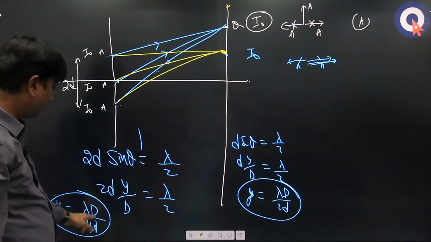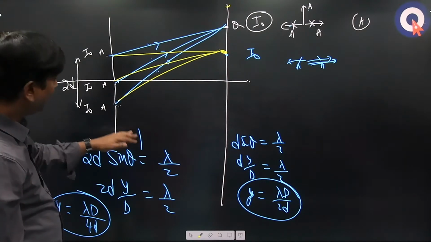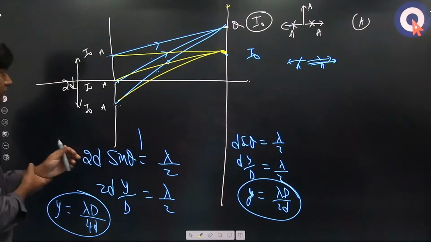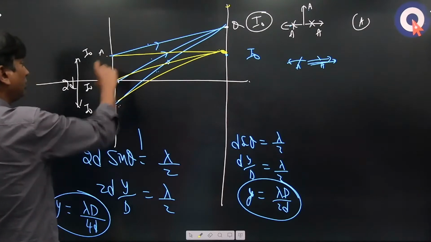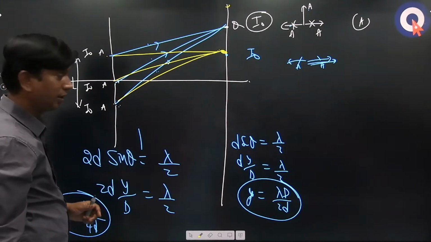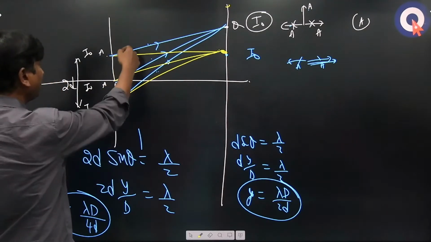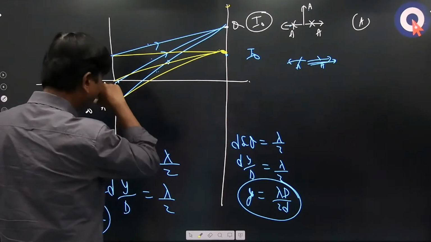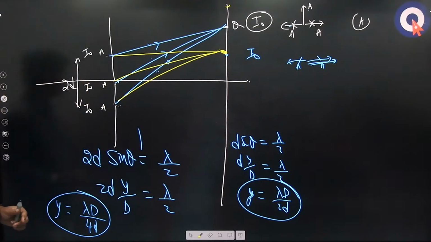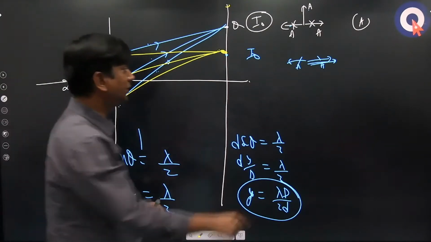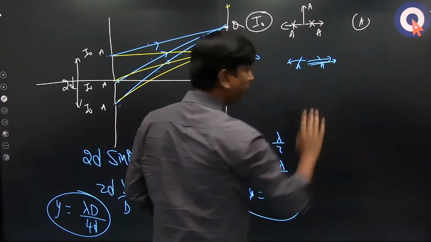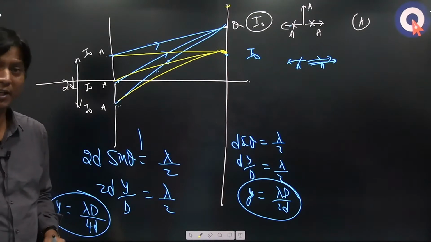Then this is the condition, lambda by 4d. Second time what I was taking is first two only lambda by 2. Next two also lambda by 2. First and last you will get lambda. Right. So that time you will get 2a this side, a this side, resultant will be a. Means resultant I0. Then also it is correct.